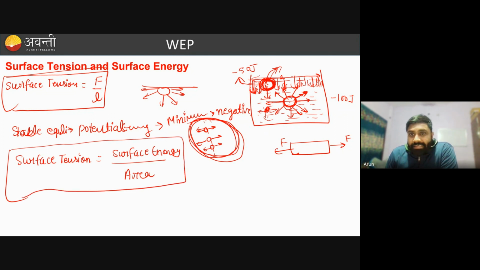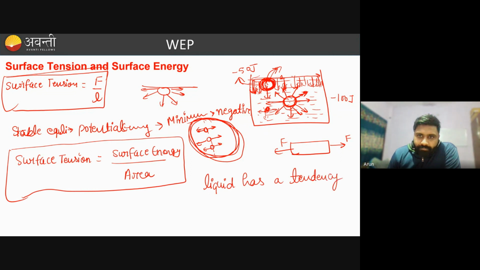That is why a liquid tries to get a minimum surface area so that it remains in a stable equilibrium on the surface also. So that is why a liquid has a tendency to acquire minimum surface area.